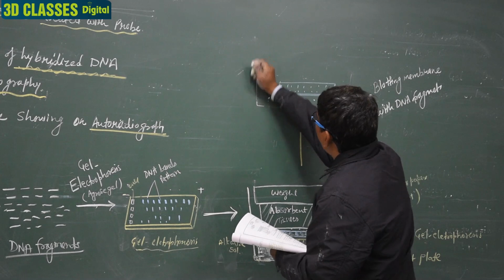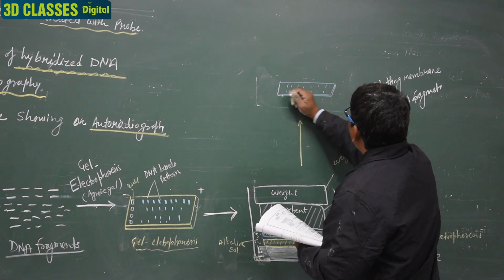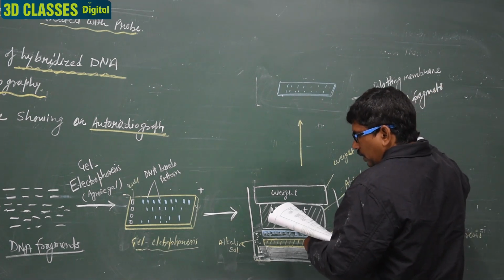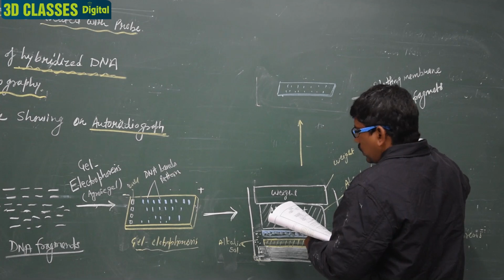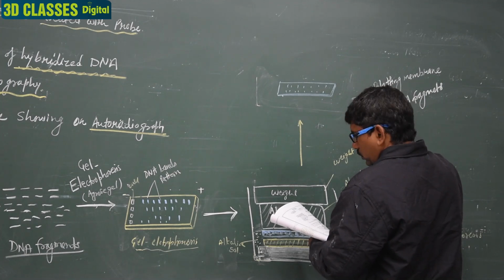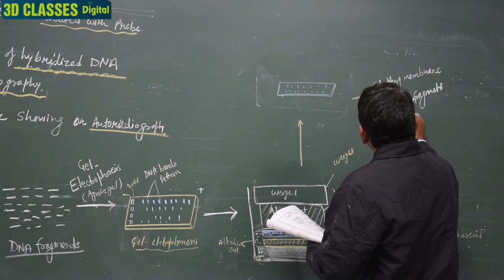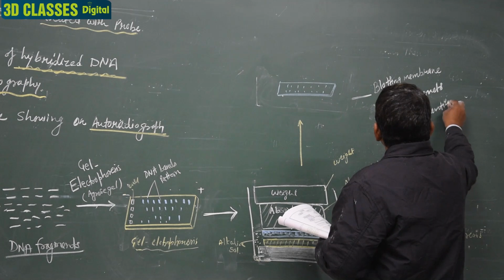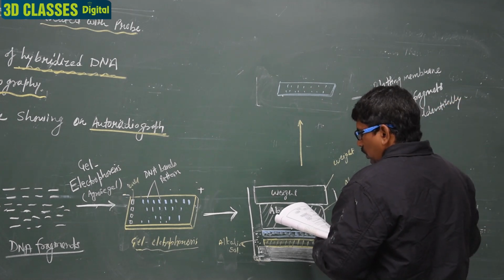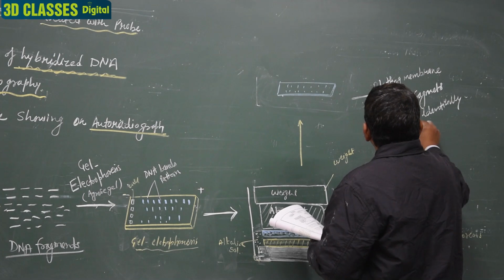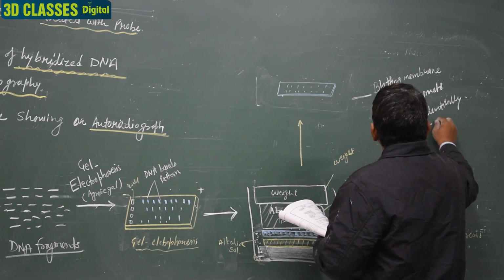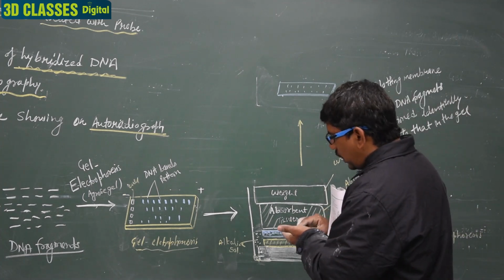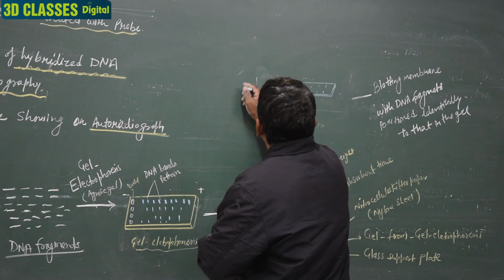So here we are using a procedure with DNA fragments positioned identically to that in the gel. It means the pattern of these bands is similar to the gel.